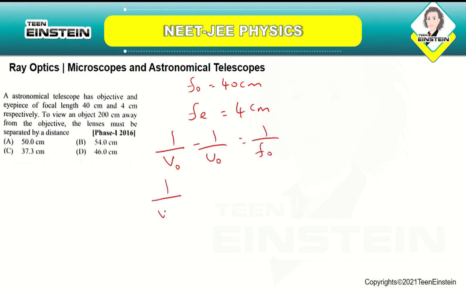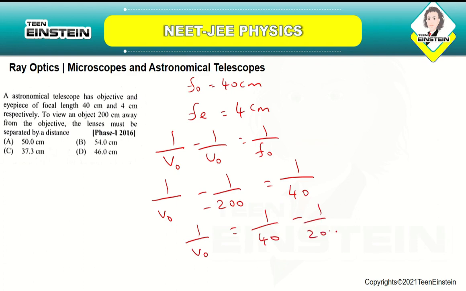So, 1 by V naught minus 1 by minus 200 equal to 1 by 40. So, 1 by V naught is equal to 1 by 40 minus 1 by 200. If you solve this, you will get the V naught value as 50 centimeter.